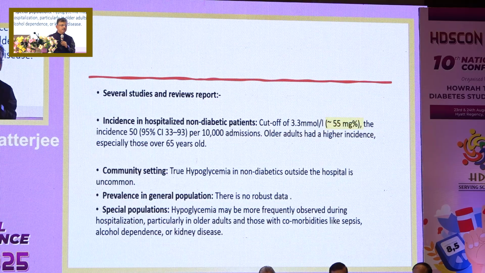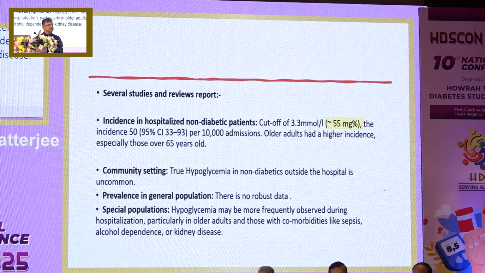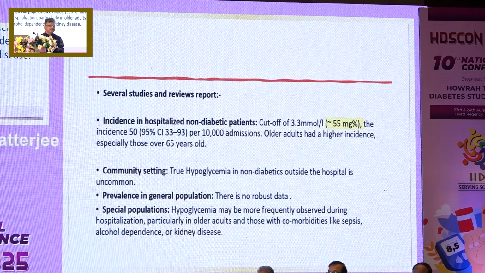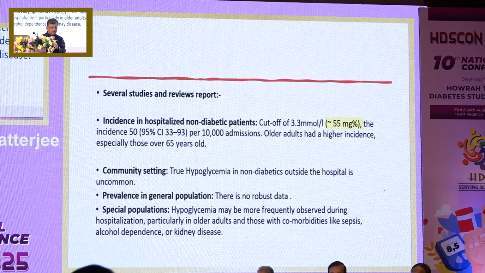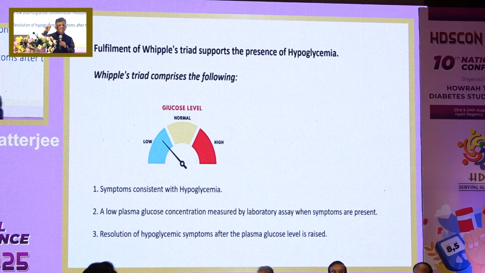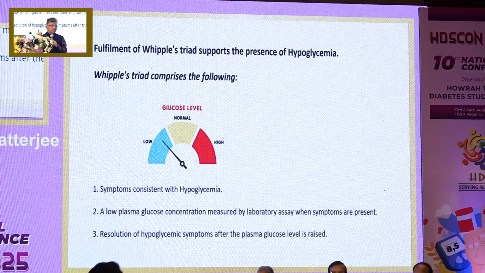But there are 3 points we have to be very careful about. There are specific populations like the elderly, chronic alcoholics, those with some chronic disease, or some acute setting, that may prone a person without diabetes to hypoglycemic episodes. So first thing, you have to diagnose a hypoglycemia.